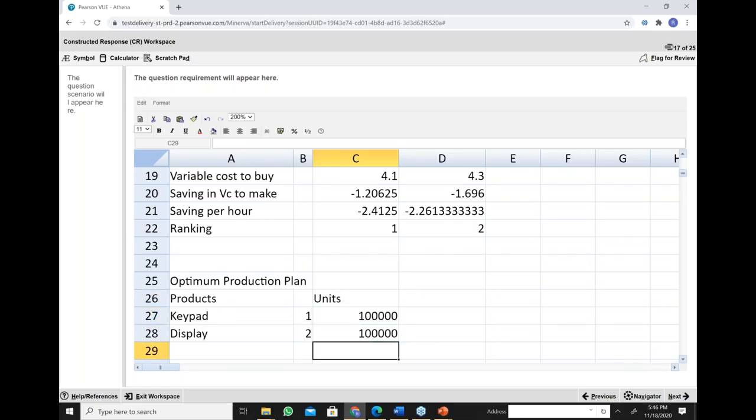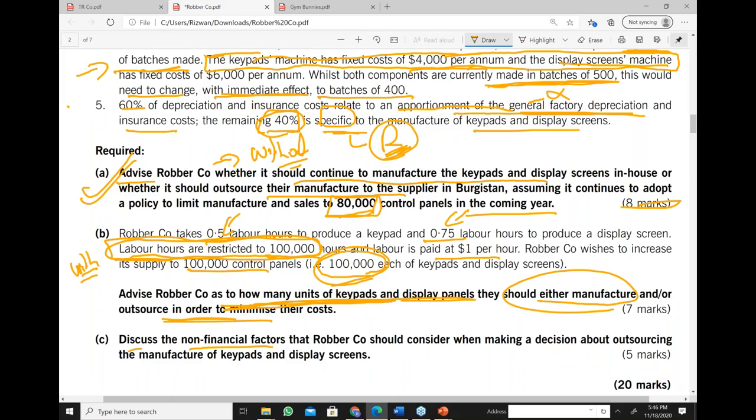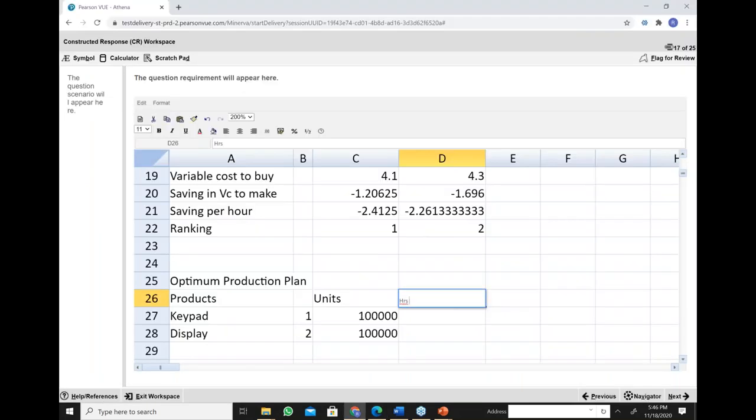Keeping in mind this second requirement, 100,000 each. So hours required. It's simple to work out. 1 unit of keypad requires 0.5 hours, right? So units multiplied by 0.5, 50,000 hours required for keypad.